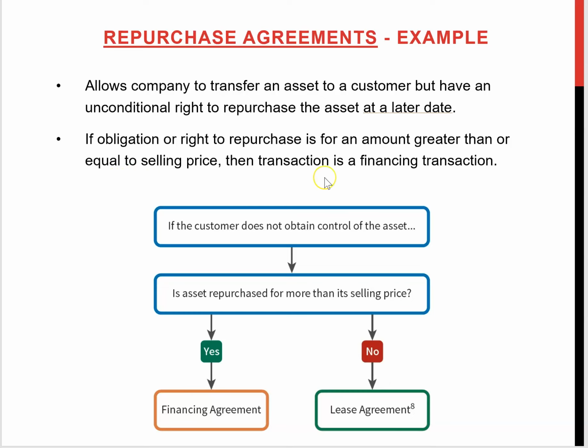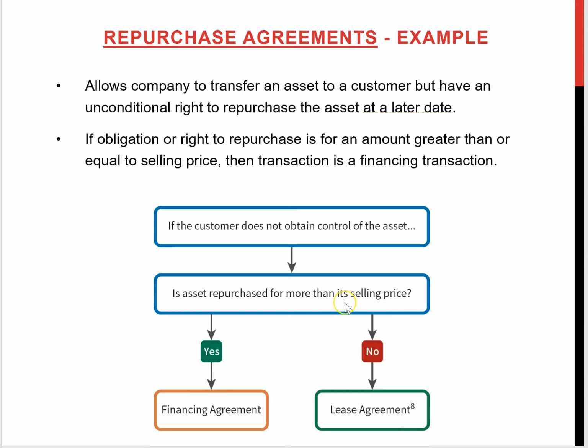Now, if you see that there is an unconditional repurchase agreement, where the customer is receiving the product, the customer is using the product, and after a certain period or on a later date, the seller is repurchasing the product, you have to compare the repurchase price versus the selling price.